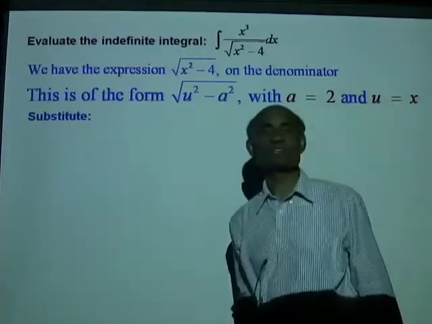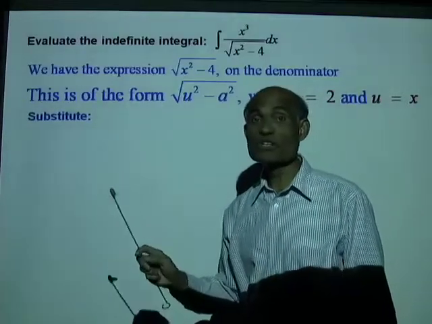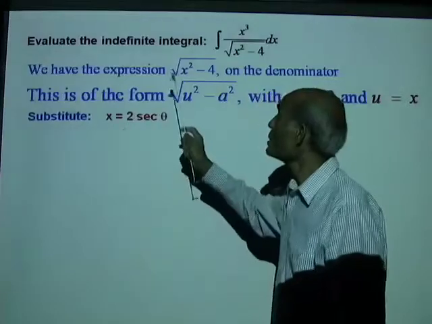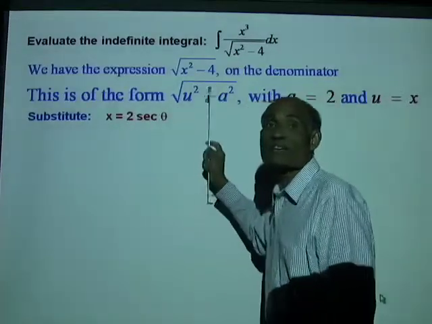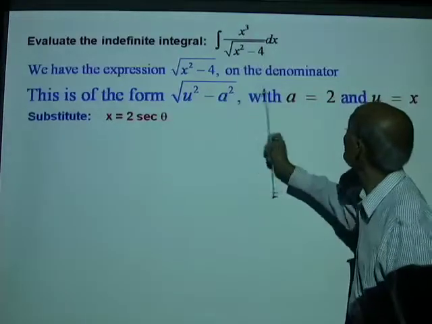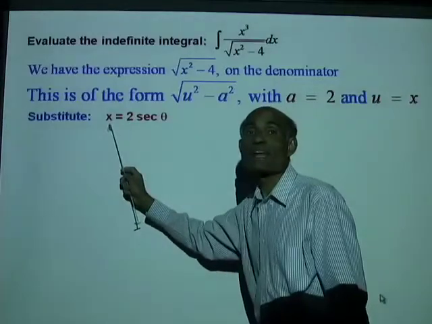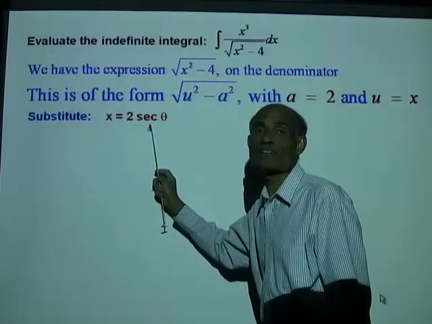So what is our substitution? Our substitution is u equal to a secant theta, our u equal to x, and our a equal to 2.